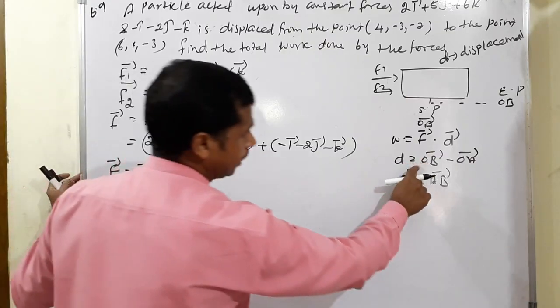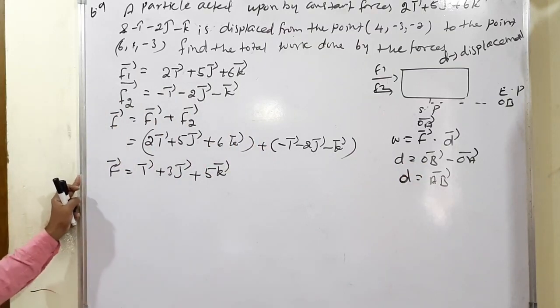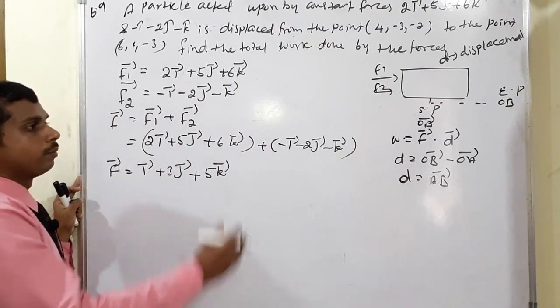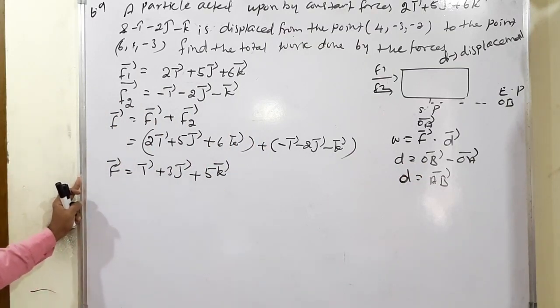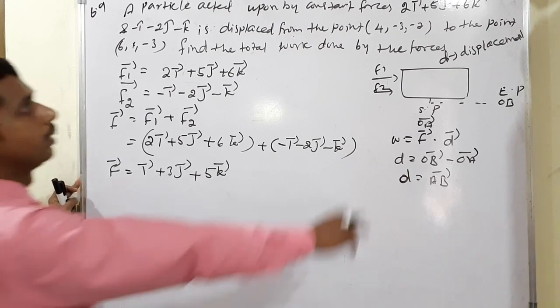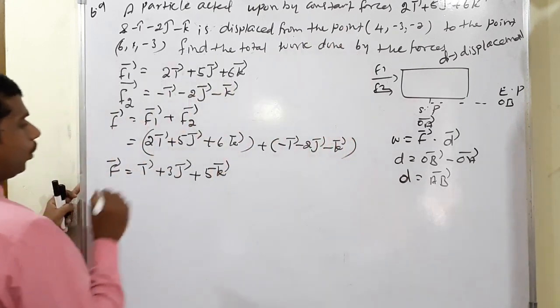Then we need D. How do we find D? Ending point minus starting point, isn't it? The starting point is given, that is called OA.